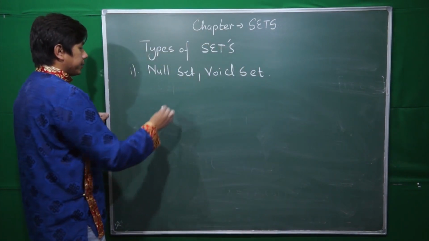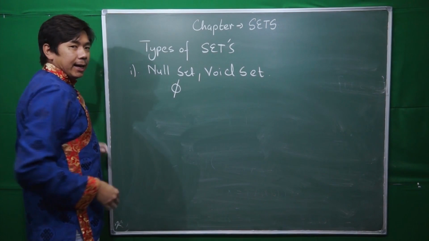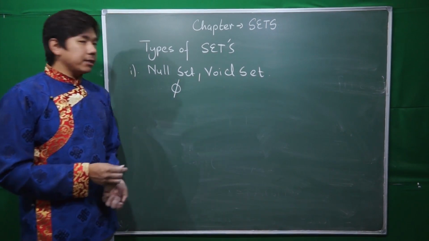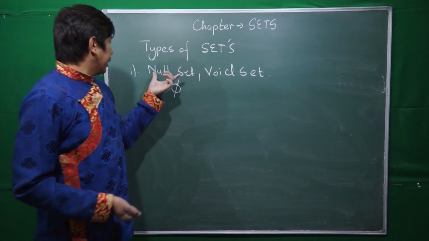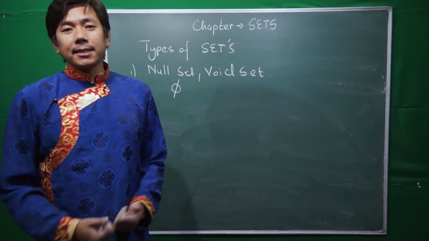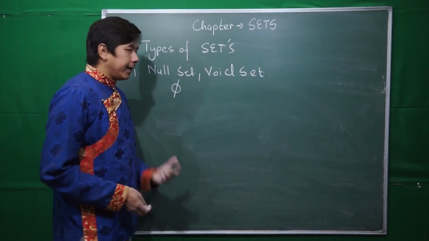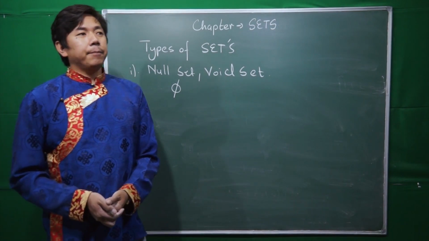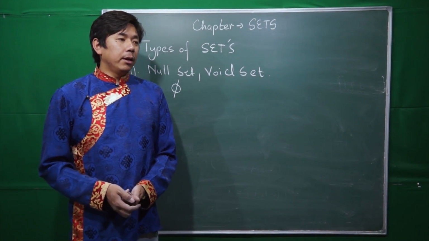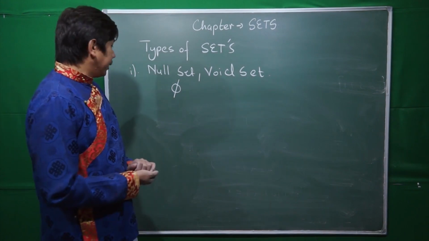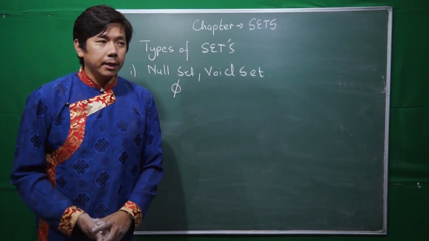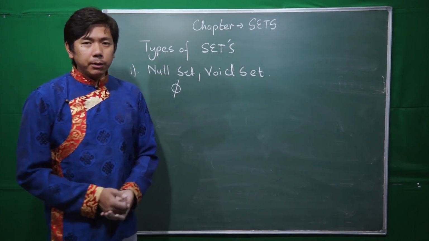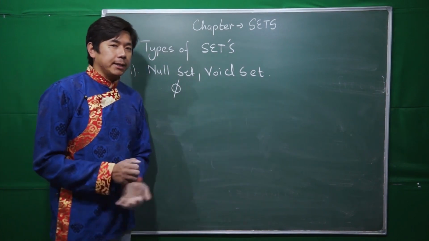It is represented by phi, as in physics we represent it as flux. Mathematically speaking, a null set is a set that has zero elements, without any element. For example, in a Tibetan society, a person who does not speak Tibetan. That would not be possible, and such a set would be a null set.